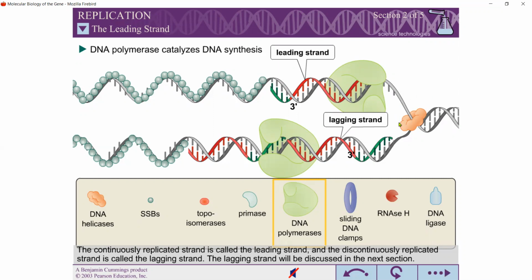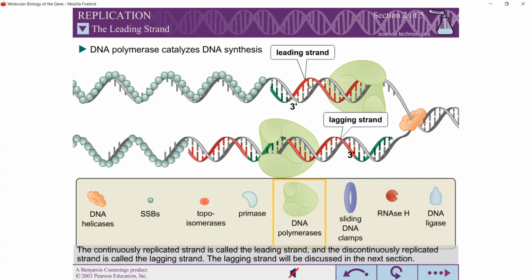Because if this is the replication fork and the direction of replication is this way, the fork is moving in this direction. Look at the direction of the primer. This primer has a 3' end, and we know that only the 3' end can be extended. So this primer will be extended along this direction.